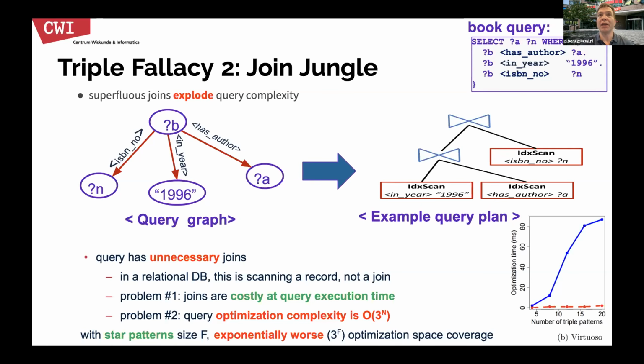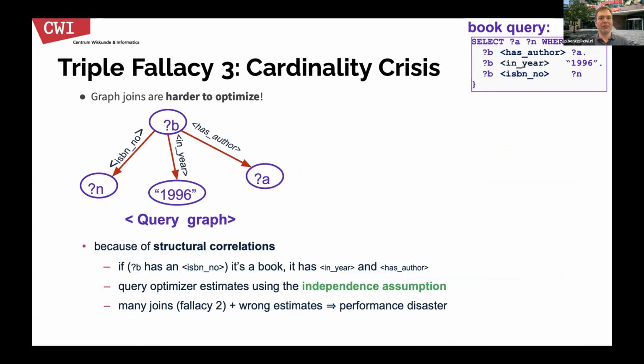And you say, hey, but it's flattening off at the end, huh? But no, what's happening there is that the optimizer is bailing out. So it's stopping to search the search space, because otherwise query optimization would take too long. So the end result is that the query optimizer cannot cover the optimization space as well as in a system that takes an interest in the structure of your data. So this is definitely a fallacy and to be avoided.